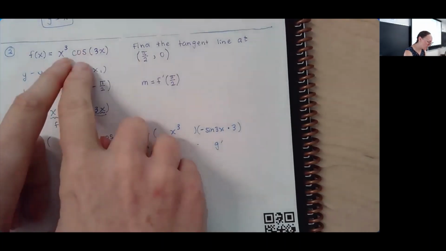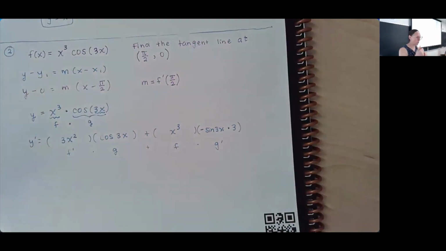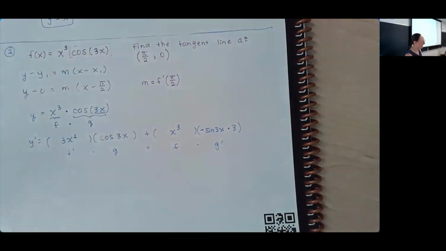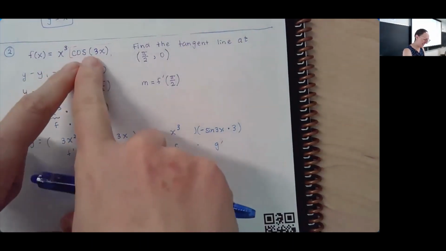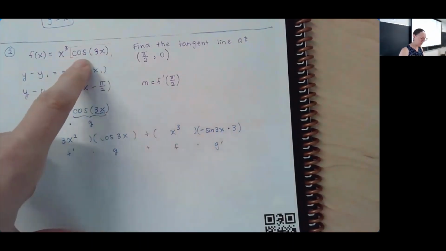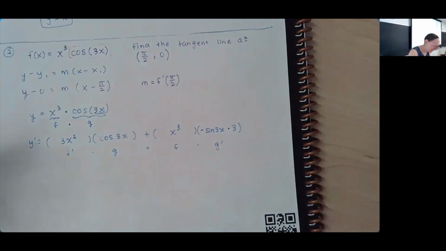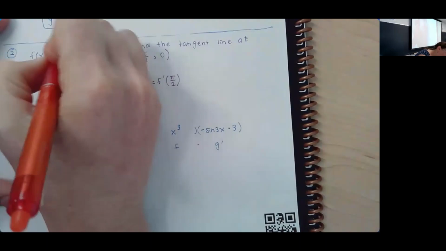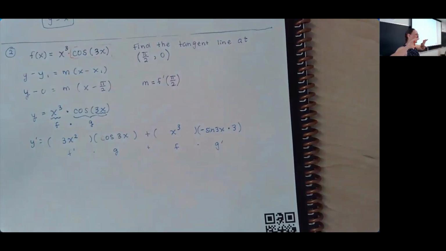So that means that the cosine 3x, that whole thing is a function. I can't separate the cosine from the 3x. So this cosine of 3x piece, now that I'm looking at the cosine of 3x times the x cubed, that's what's telling me that I have a product rule.